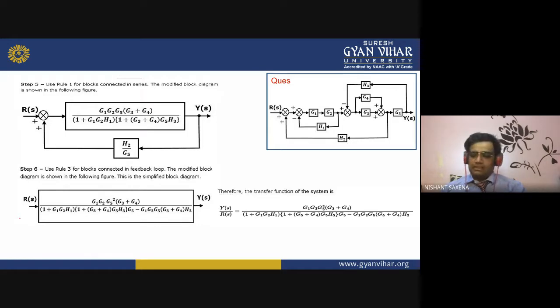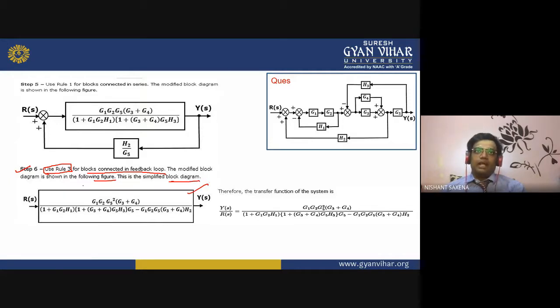Now in step 6 we can clearly see that rule number 3 is applied, as I have told you, which is for connected blocks in the feedback loop. The modified block diagram is shown in the figure, and the simplified block diagram has been this one.